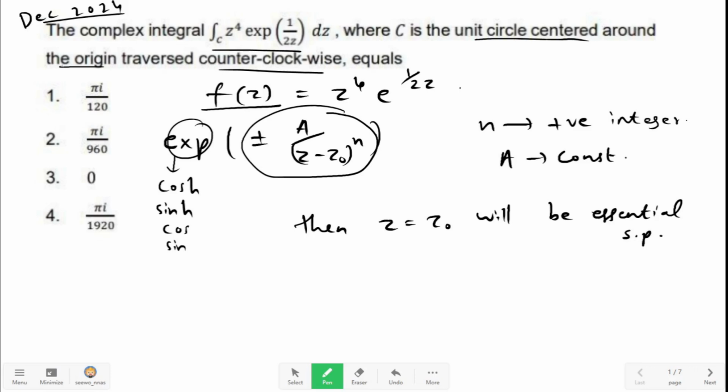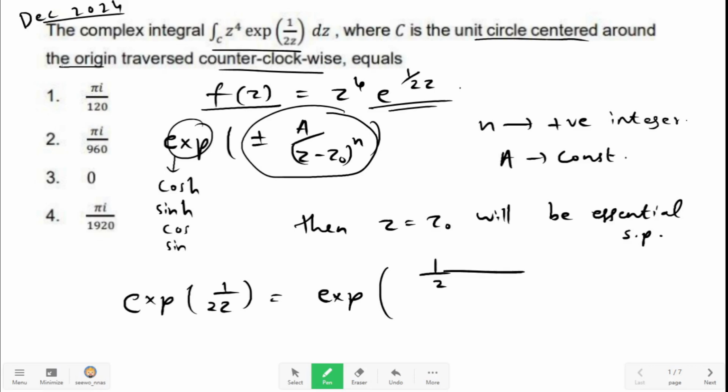Now let us consider the function given here. In the numerator there is e raised to 1 by 2z. Now this can be written as exponential of 1 by 2 times z minus 0 the whole raised to 1. Therefore here a is equal to 1 by 2, which is a positive constant, and n is equal to 1.